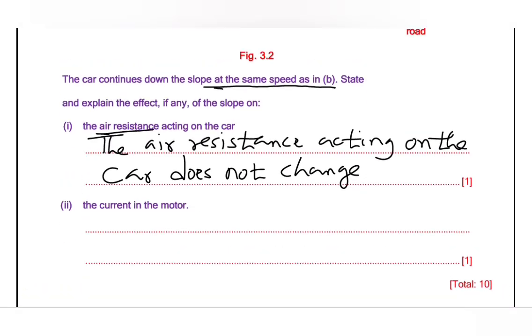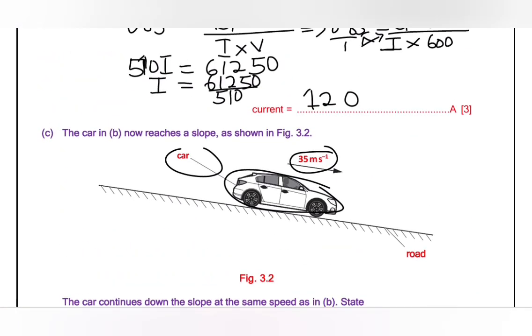Let's look at C2 also. We need to state and explain the effect, if any, of the slope on the current in the motor. Now, when the car moves down the slope, a component of the car's weight acts down the slope, helping the car to move forward.